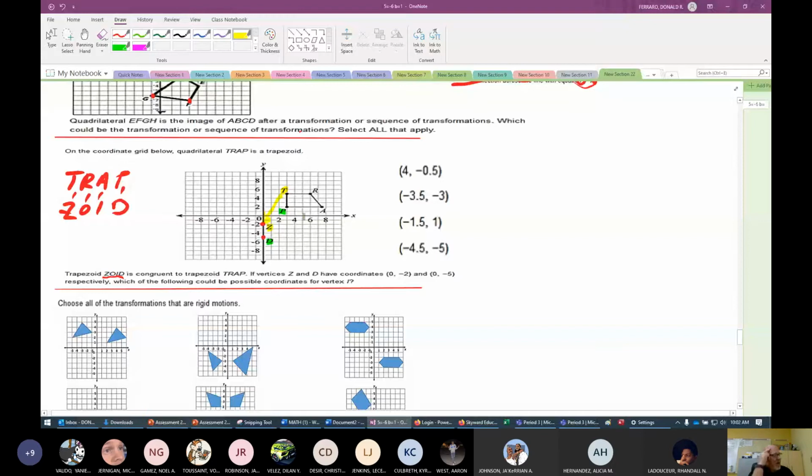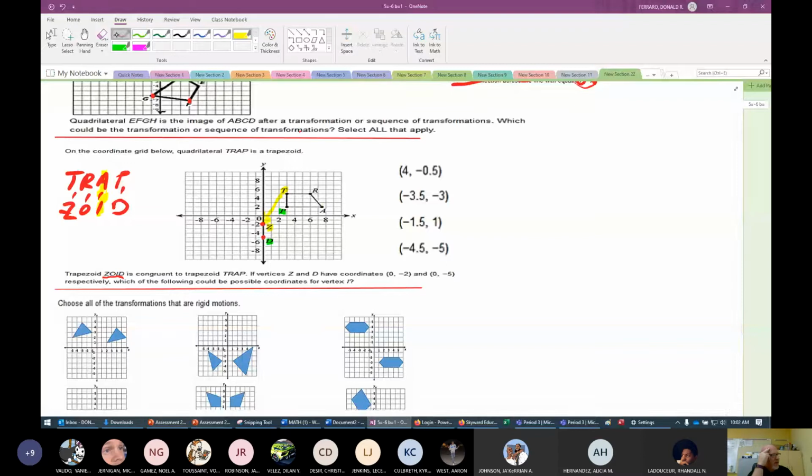But that means for A, which converts to I, over there, we would be 3 and 3.